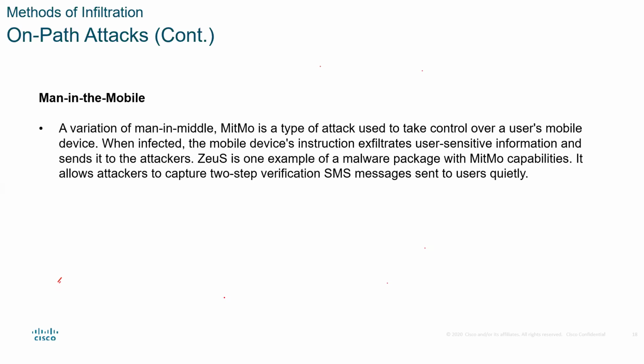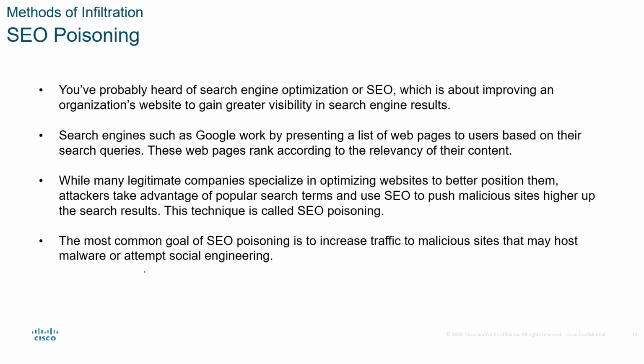This is one example of a malware package with man-in-the-mobile capabilities. It allows attackers to capture two-step verification SMS messages and send them to the attackers. That is it. How about SEO poisoning?